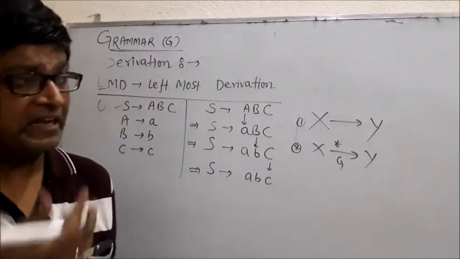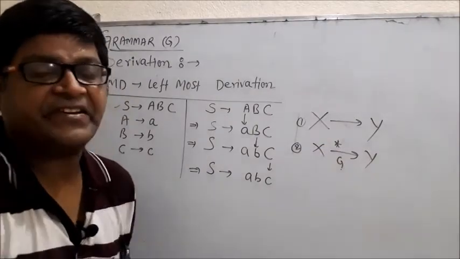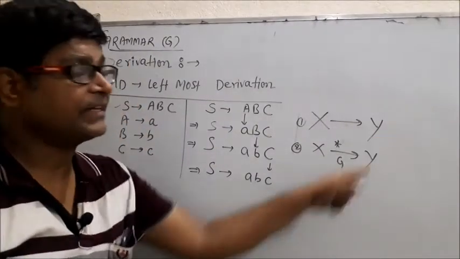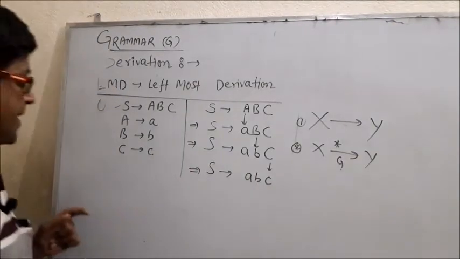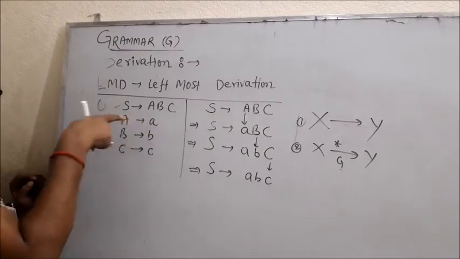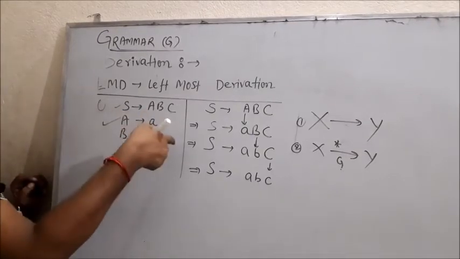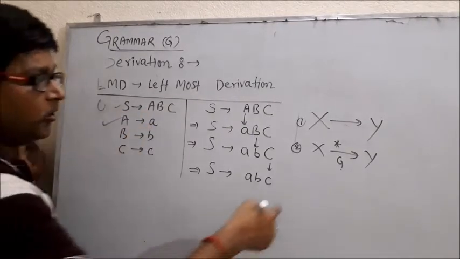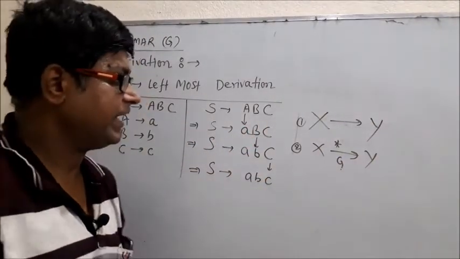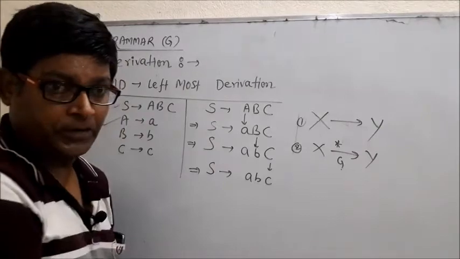In the first case, Y is derived directly from X. Correct? Y is derived directly from X. Say for example, A is derived directly from capital A. So whenever direct derivation is there, there will be no star at all.